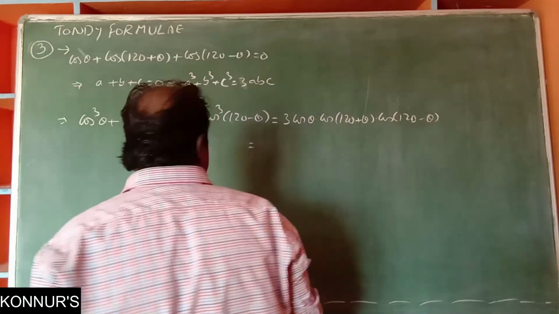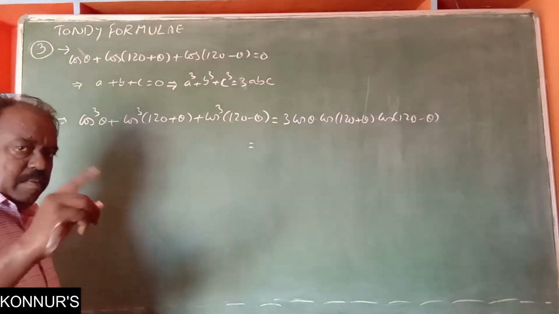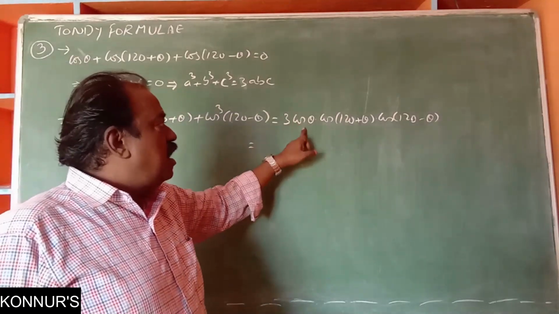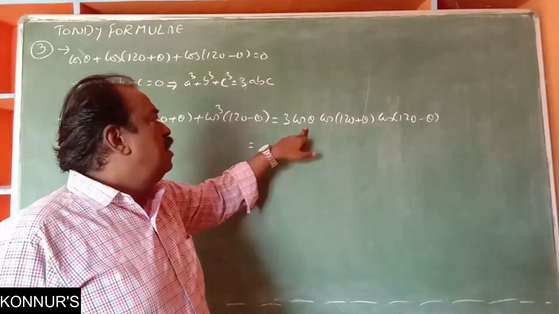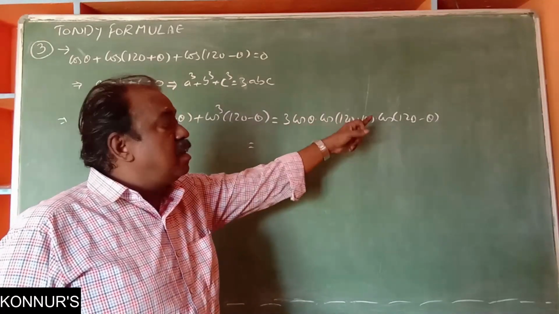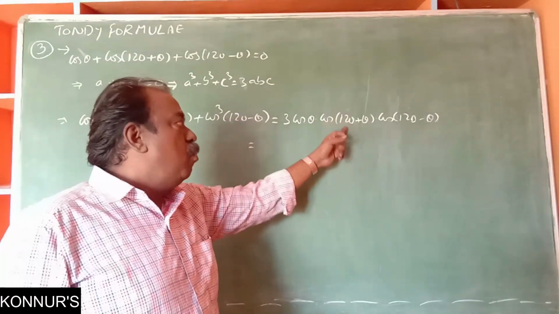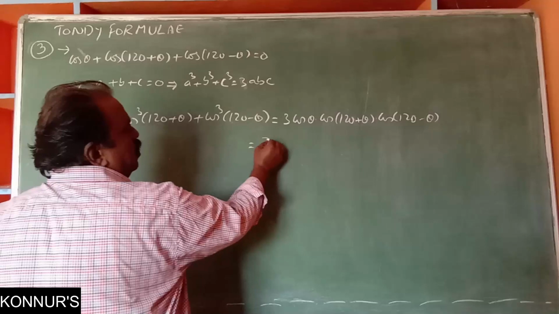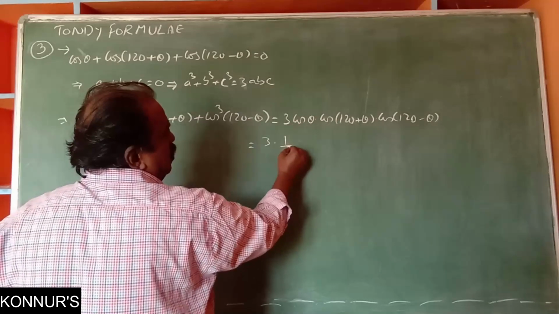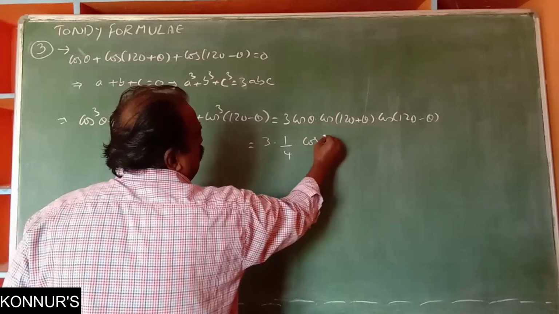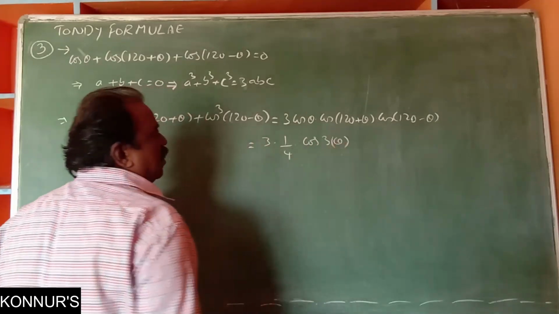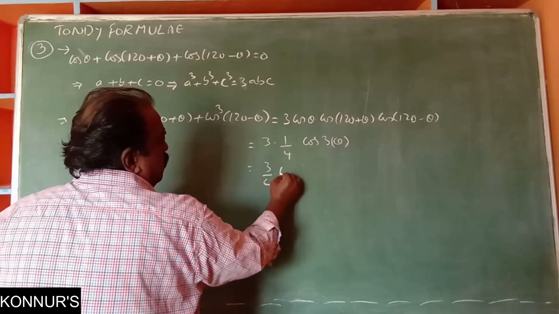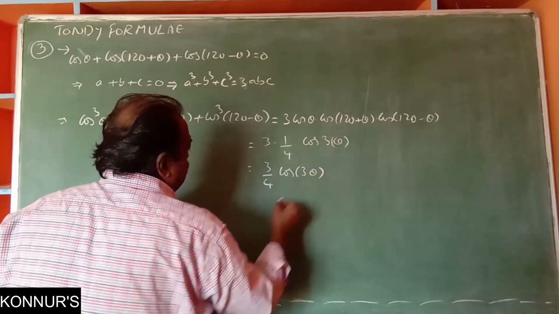This is nothing but the first 20 formula already given in sine, cos and tan verified: cos theta, cos 60 plus theta, cos 60 minus theta. That 60 may be 120, 240, 300 also is given. So here, by using the first formula, it is 1 by 4 cos 3 theta. So altogether it is simply 3 by 4 cos 3 theta.